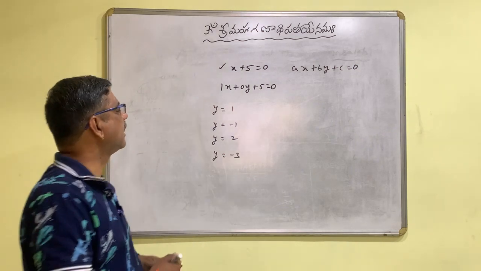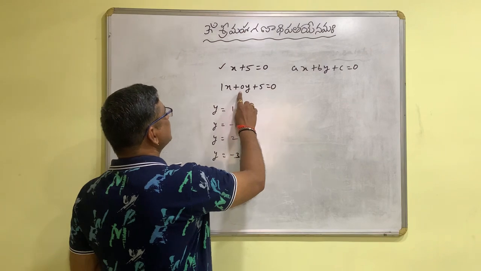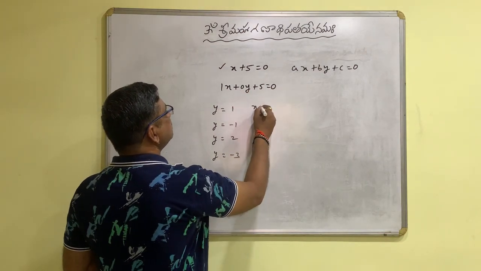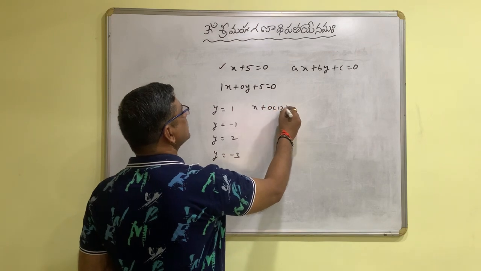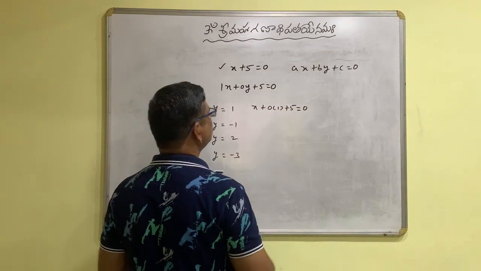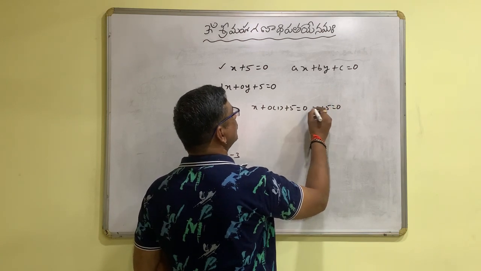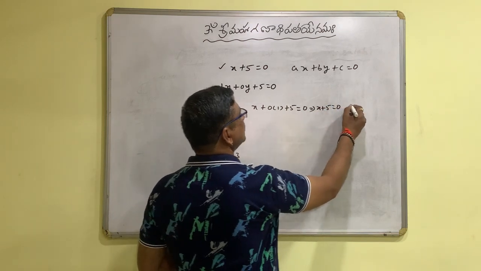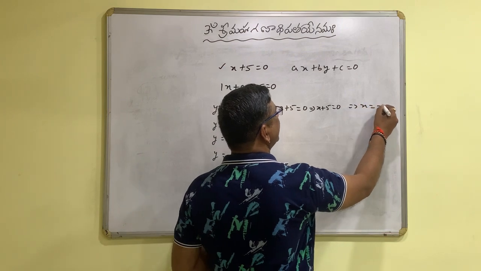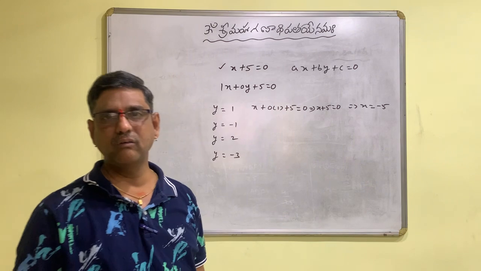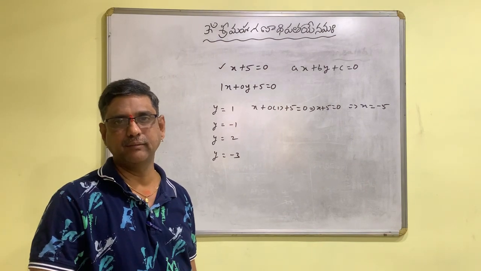Okay. Now give 1 in the place of y. So x plus 0 into 1 plus 5 is equal to 0. That is, x plus 5 is equal to 0, so x is equal to -5. Or we can do another way. First I write this as x is equal to -5.